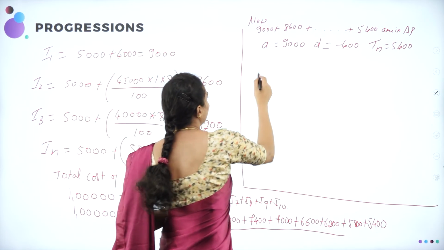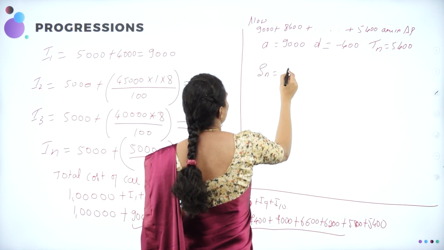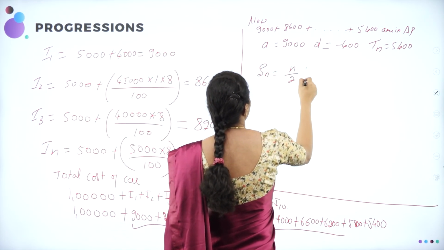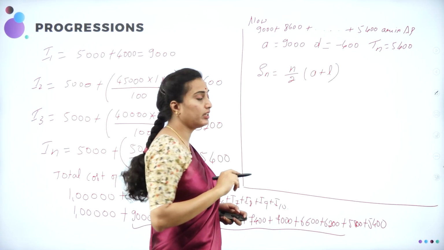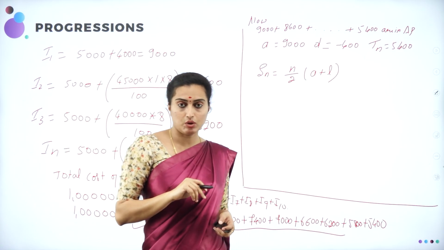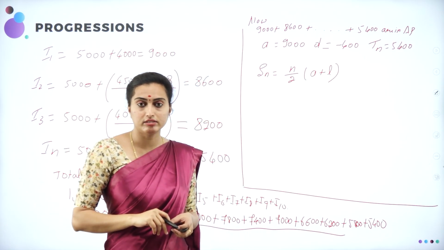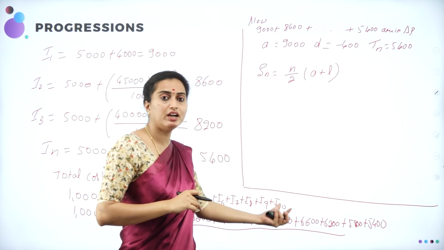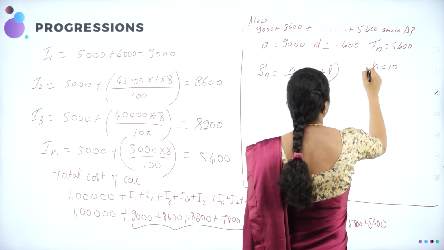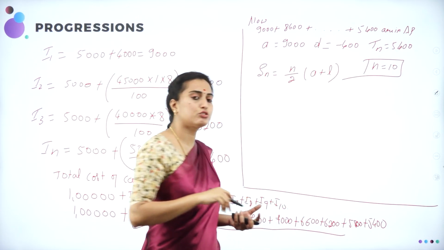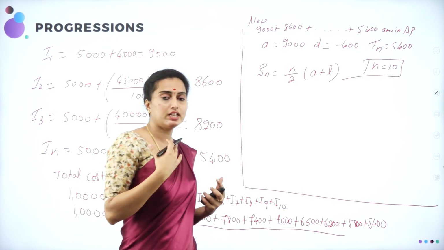Now you can calculate the sum to n terms, that is Sn is equal to n by 2 into A plus L. Here n is 10. No need to calculate n, because 10 installments means we take n equal to 10.